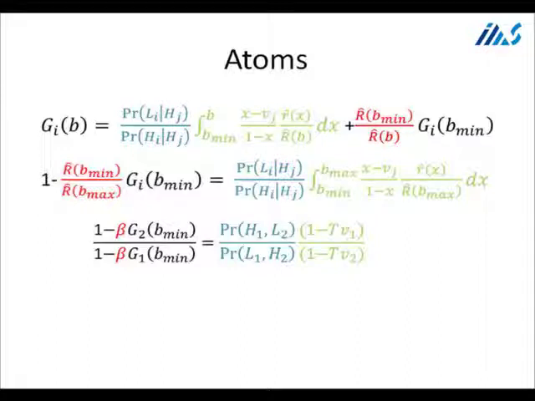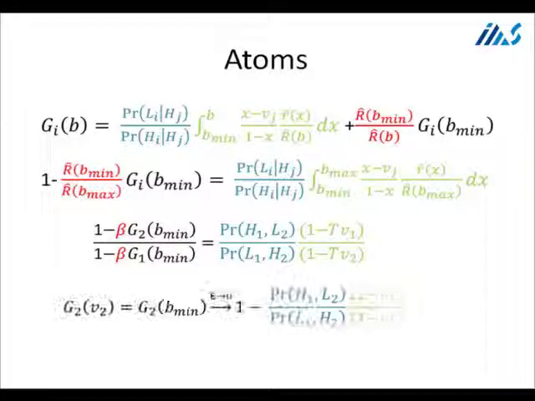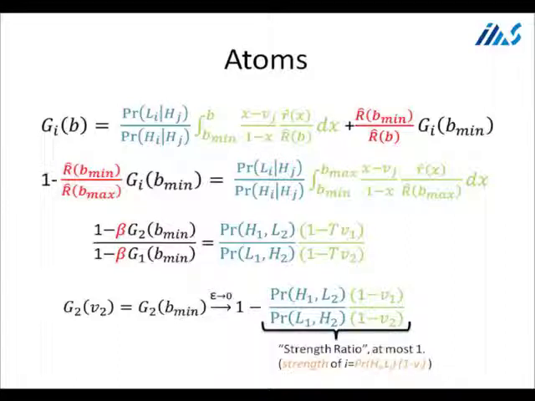Once we have this ratio, you can see that it is very similar to the strength ratio. We have this function B that goes to 1 when epsilon goes to 0, and we have this function T that goes to 1 when epsilon goes to 0. So basically, we can figure out the size of the atom for agent 2. And this atom size is exactly 1 minus the strength ratio.